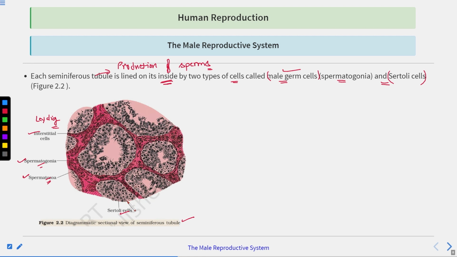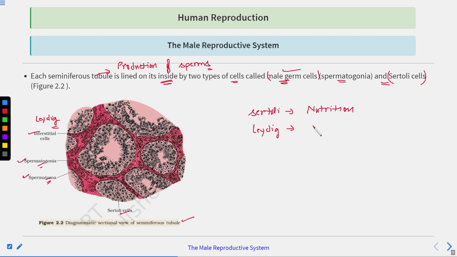Sertoli cells have a nutritive function. They provide nutrition to the spermatogonia. Clear? So what is the role of Sertoli cells? Sertoli cells provide nutrition. And these interstitial cells, also known as the Leydig cells, what is their real role?